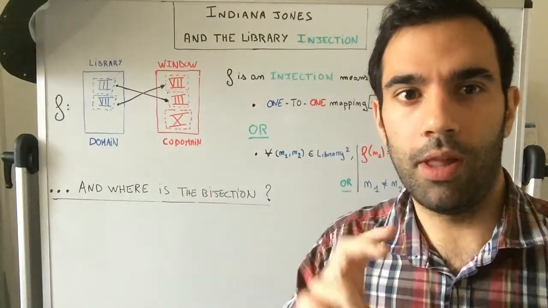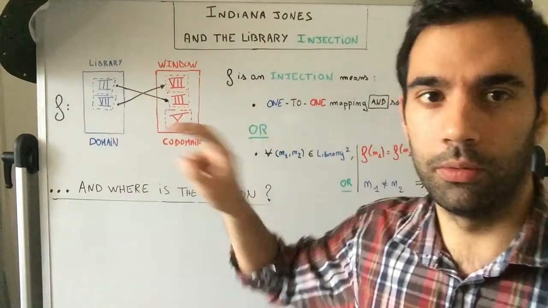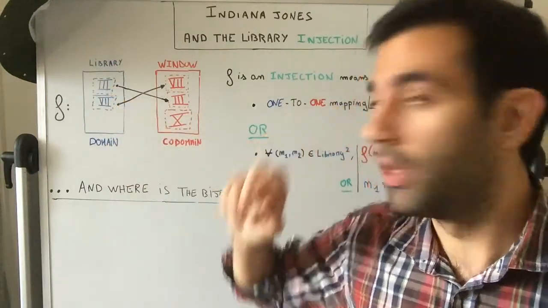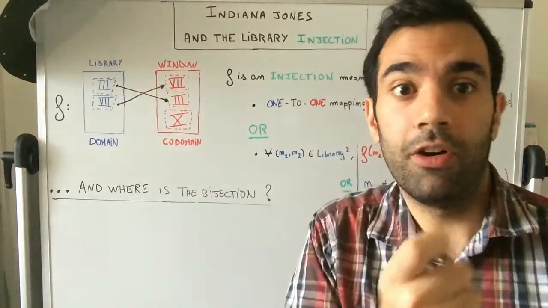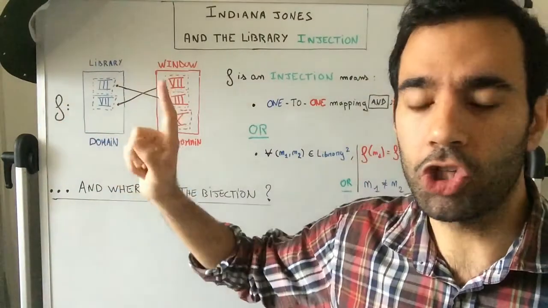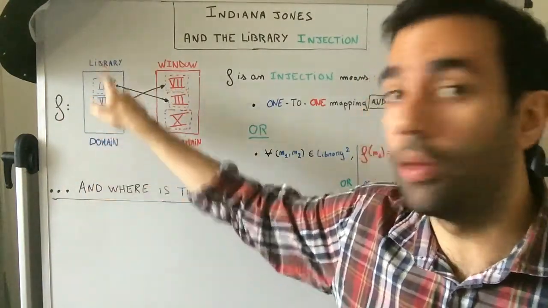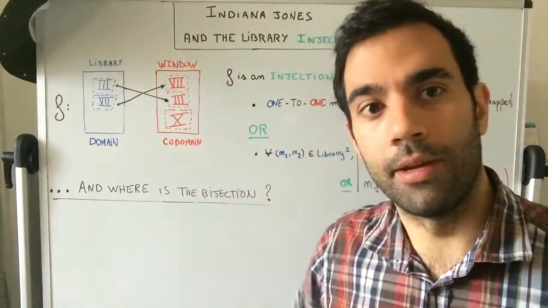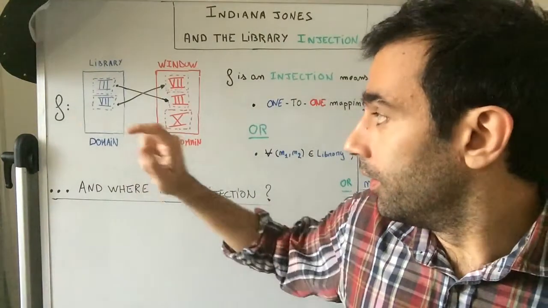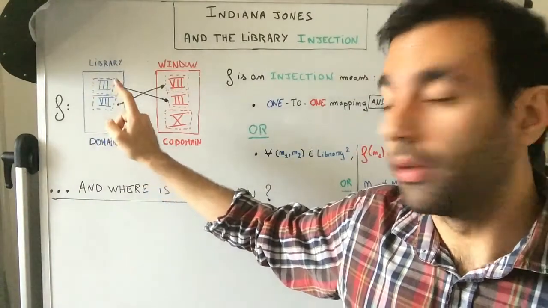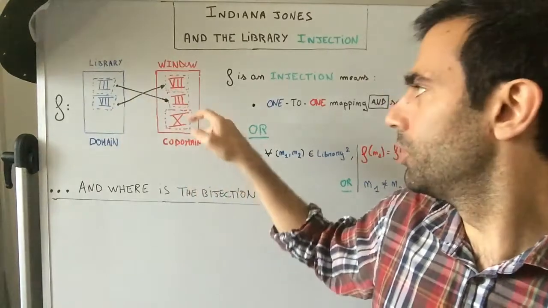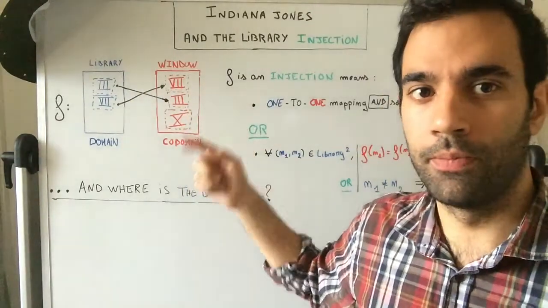And there is a library there with 2 numbers, 3 and 7. Now we're gonna define f, a function going from the library, the domain, to the window, the codomain. That function is transforming the numbers from the library into the numbers of the window.